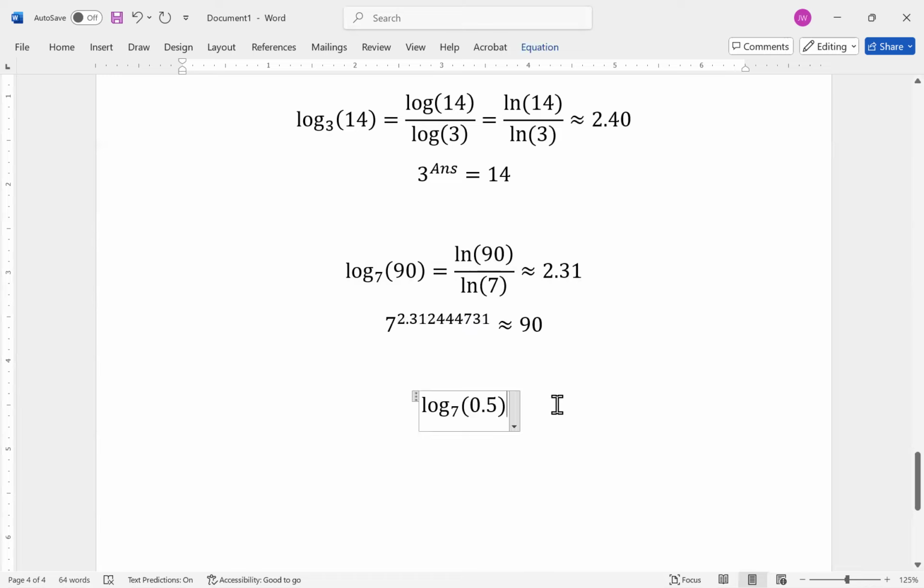In this case, where I take log base 7 of 0.5, again, I'll use natural log, but you could use log base 10. They both come out to the same thing, always. The quotient rule works with any base. So we do natural log of 0.5 divided by natural log of 7.